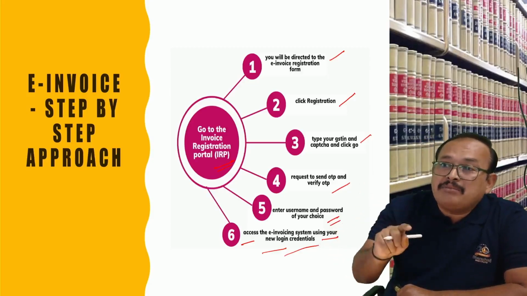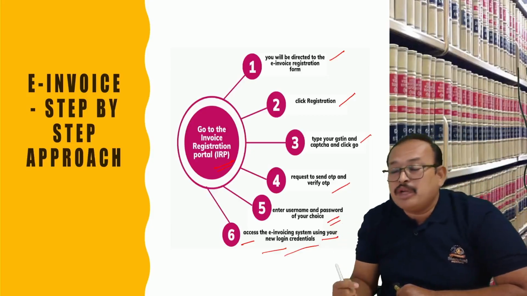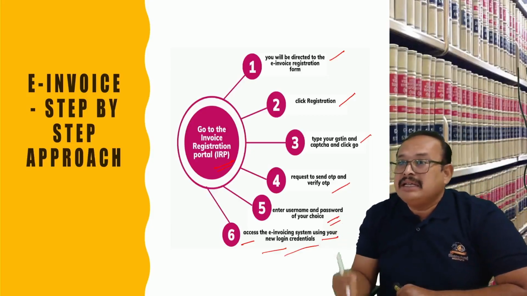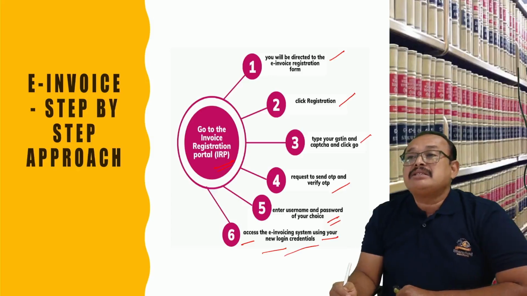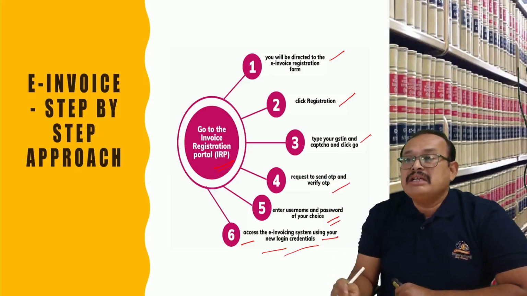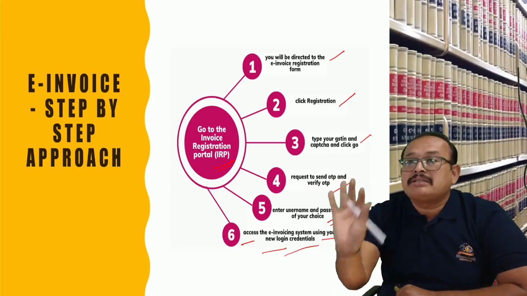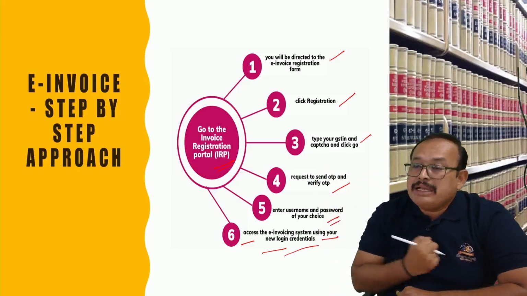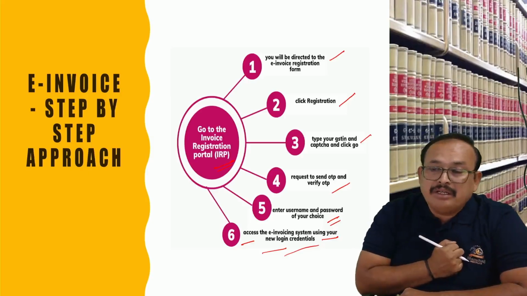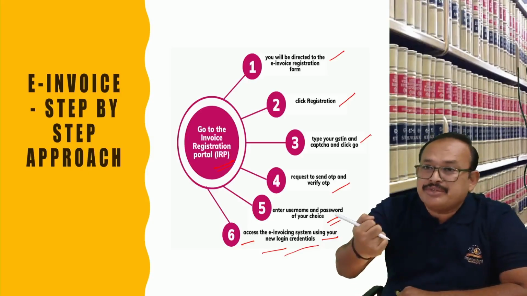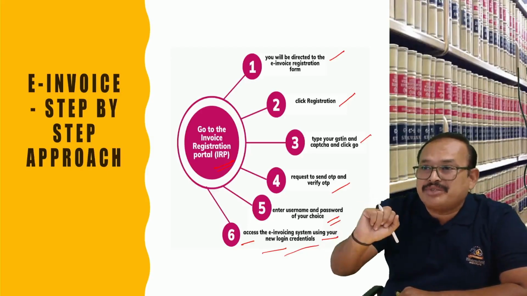If the IRN number and the dynamic QR code are both there in the invoice, that invoice is called an e-invoice. If the IRN number is missing, that invoice is called what? A tax invoice.